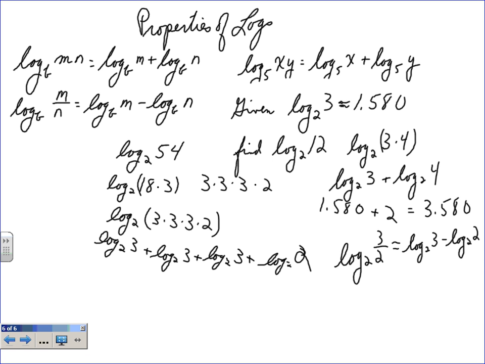There's about 5, I believe, properties. You okay with those? All right. I'm going to write down the first two properties again. You don't have to rewrite them.